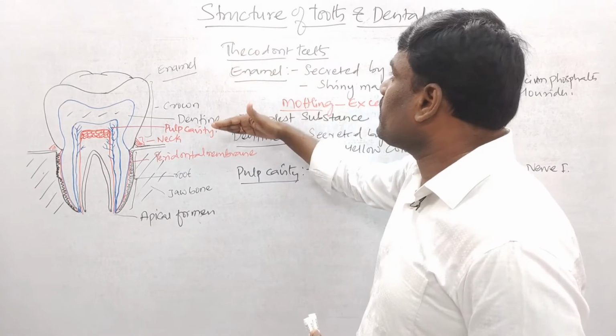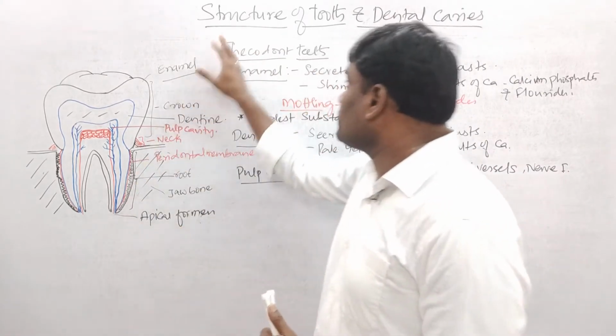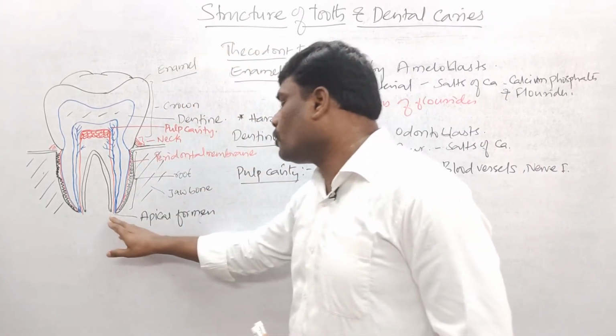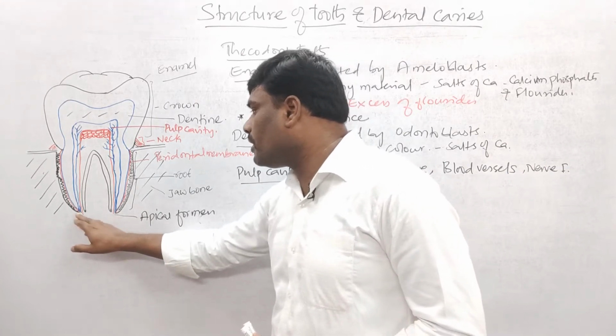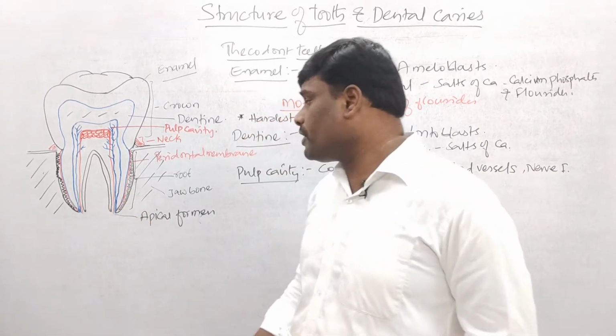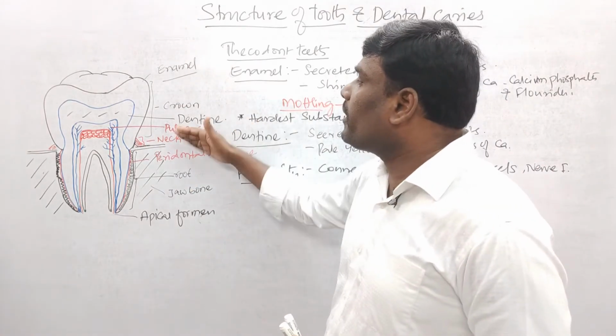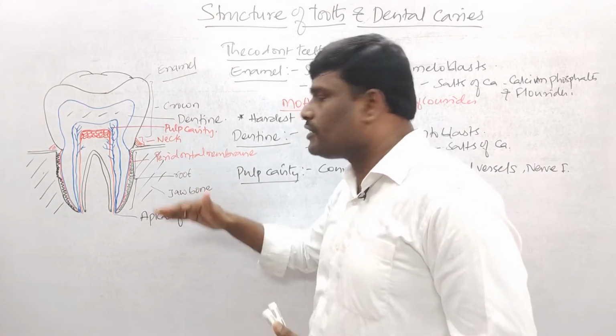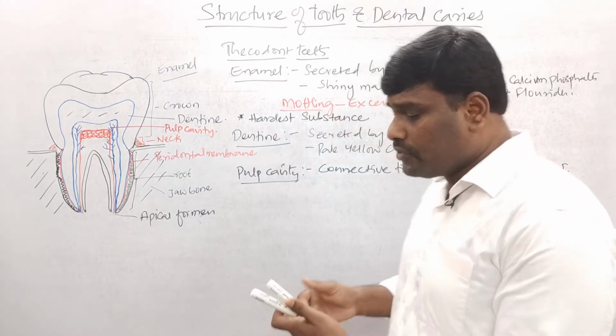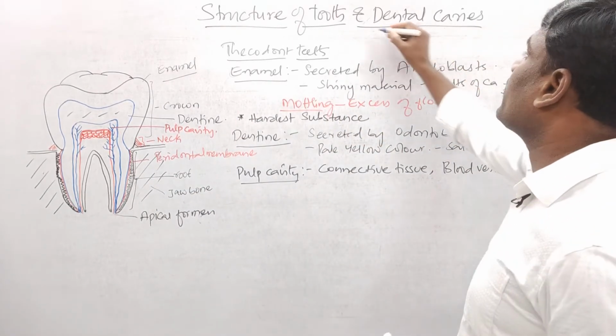This is very, very important, children. So this is the structure of the tooth. The openings at the base of the tooth we call the apical foramen, children. These are the important parts of the tooth. Then what about the second topic, that is dental caries?